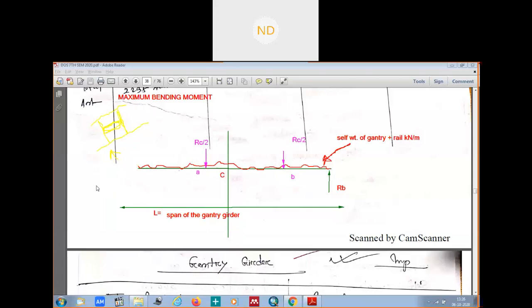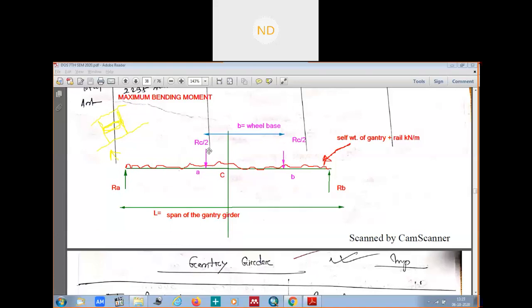Suppose this is the distance of your wheelbase, and suppose this wheelbase is B. Just now, when we were calculating the maximum shear force, we had already mentioned that the distance between these two wheels of the crane girder is B, the base, you can say wheelbase.